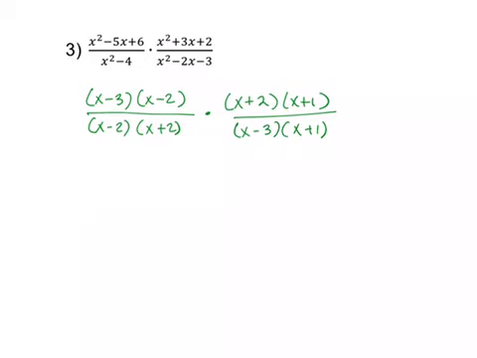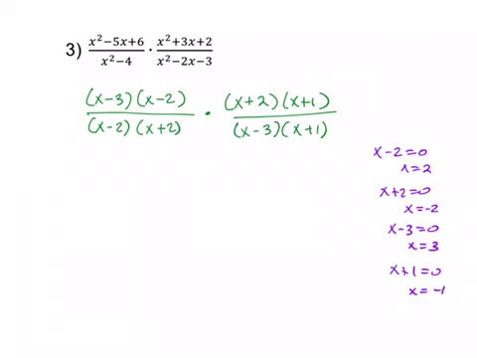Right? So again, I'm going to start by setting my denominators equal to 0. x minus 2, so x equals 2, x plus 2 equals 0, x equals negative 2, x minus 3 equals 0, x equals 3, x plus 1 equals 0, x equals negative 1. Right? So I can cancel whatever is the same.